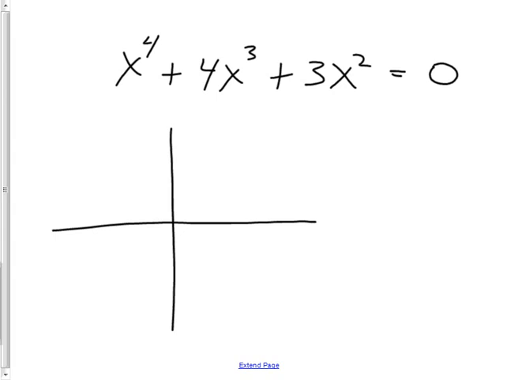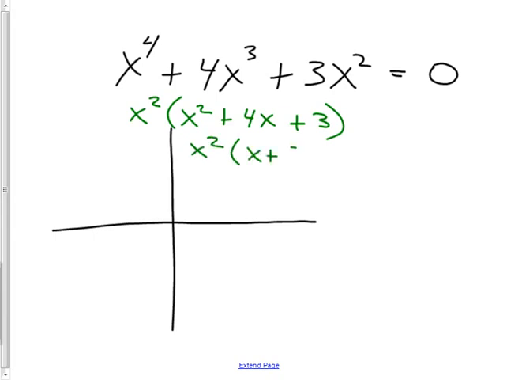So for some of you that are really bad at factoring, it's going to come up a lot. X squared comes out of everything. And then what's left? X squared plus 4x plus 3, and even the second part of that factors. So it's x squared and then x plus 3, x plus 1.